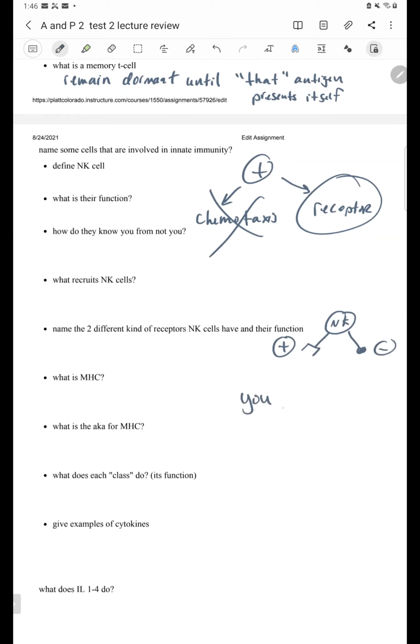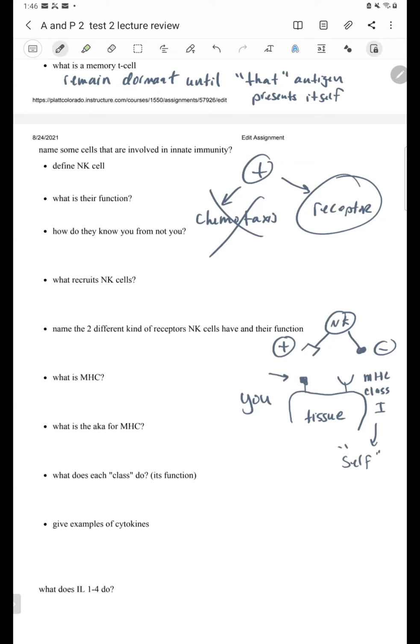Your tissue is going to have a surface molecule that all cells have, and then you'll have MHC class 1, which is just a fancy way of saying self.